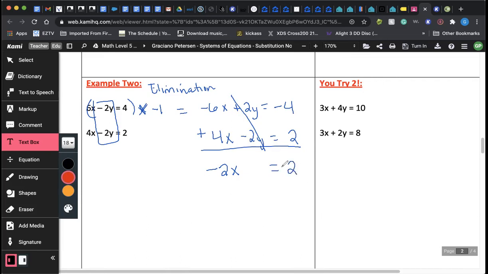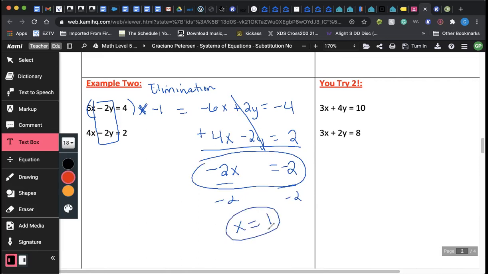Good. Yes. -2. So then you have -2x divided by -2, and then you have -2 divided by -2, which gives you x equals 1. Yep. 1.